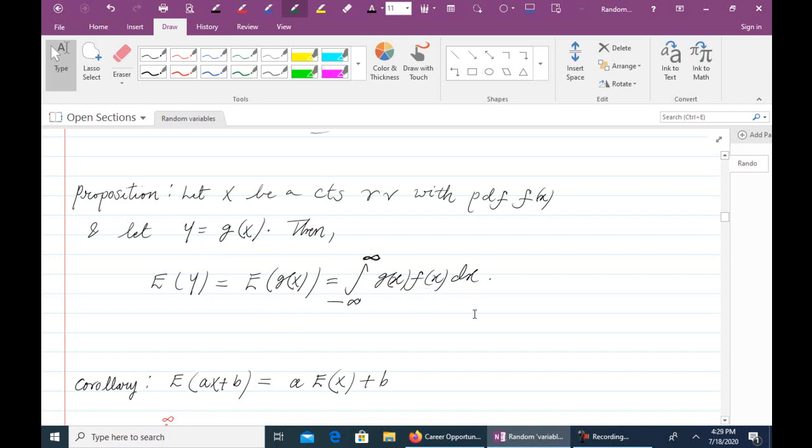So whatever the function of x is, you just multiply that by the PDF of x and integrate.